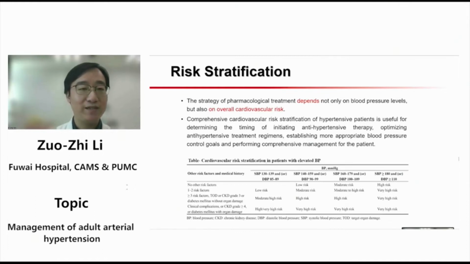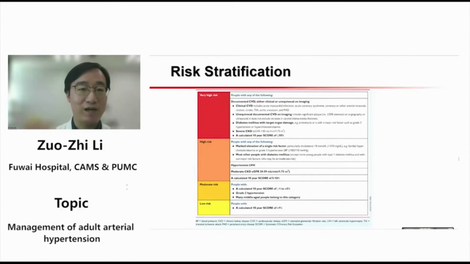According to the guideline, if a patient has a clinical cardiovascular disease, that is, if the patient is already diagnosed with previous myocardial infarction or has a clinical diagnosis of coronary heart disease or TIA, or if the patient is diagnosed using angiography or ultrasound, then the patient can be evaluated as having very high risk of cardiovascular disease.